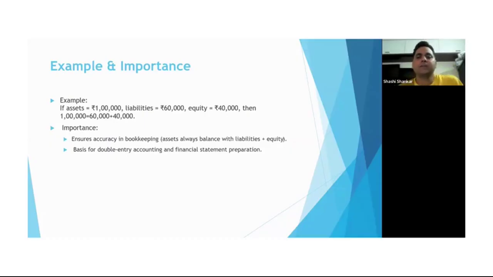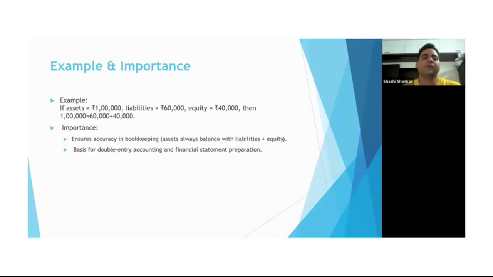The second importance is that it is the basis of double entry accounting and financial statement preparation. The financial statement is the output of all the books of accounts, or the final accounts. So it is the basis of the double entry system of accounting and also of financial statement preparation.